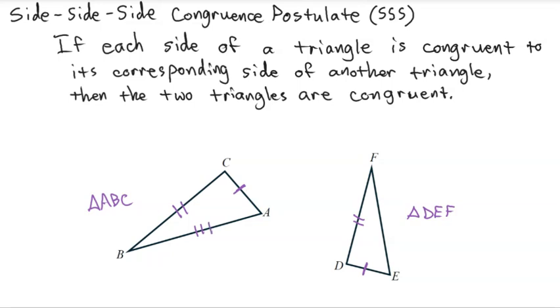If the long side of ABC is congruent to the long side of DEF, then what we say is that the two triangles are congruent to each other.